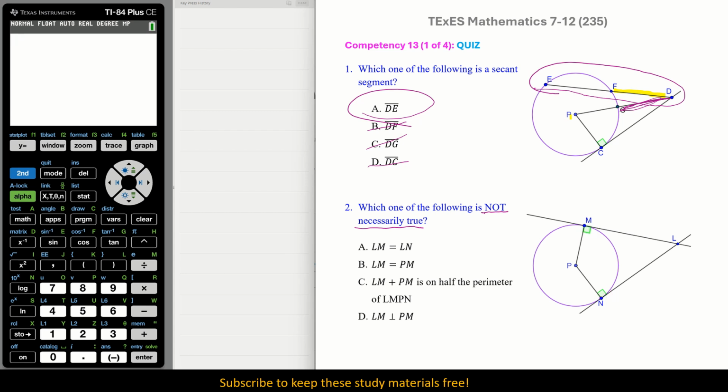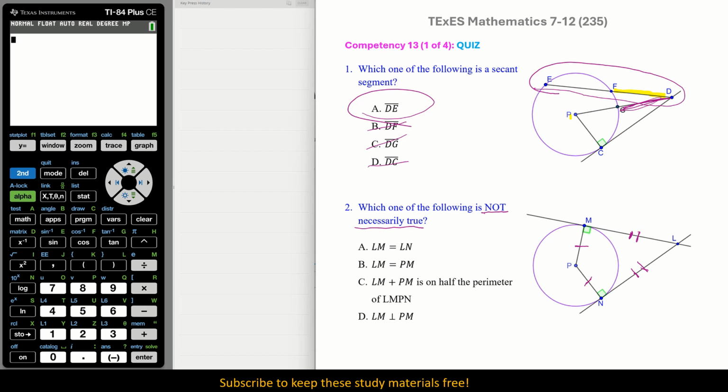We have this and this congruent, and this and this congruent. PM and PN are the radius, so they have to be congruent. And those two externals, because they're tangent segments, have to be congruent.